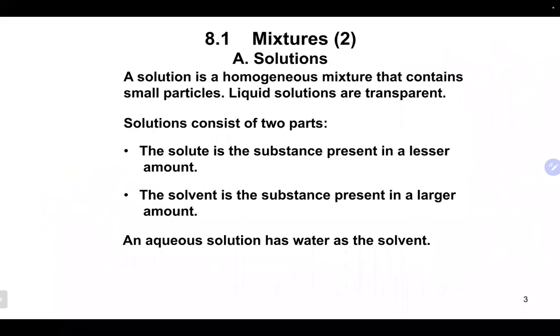Now, solutions are homogeneous mixtures, and solutions are made up of two different things. One is the solute. The solute is the smaller substance, and one is the solvent, which is the larger substance.